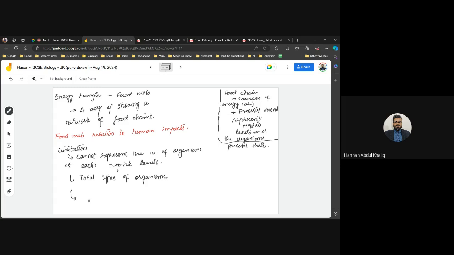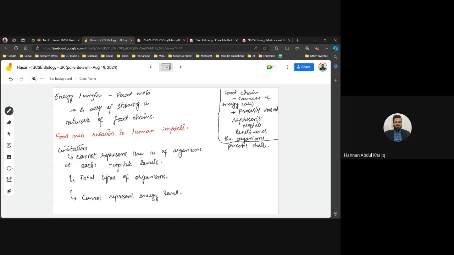Then there is another problem with food webs and food chains. We cannot represent the energy level. Like, what is the energy at each level? Which one has the highest amount of energy?